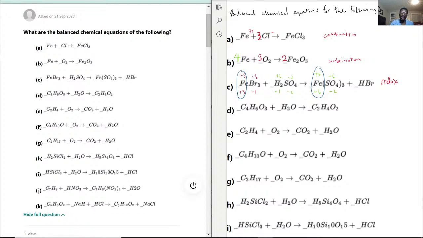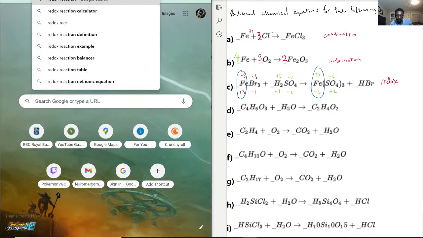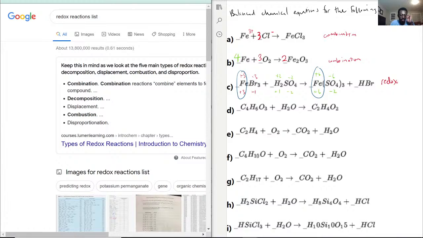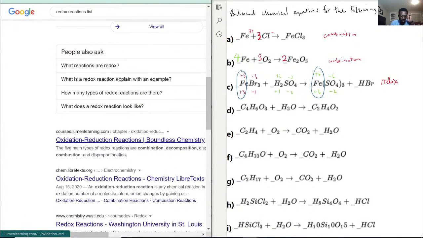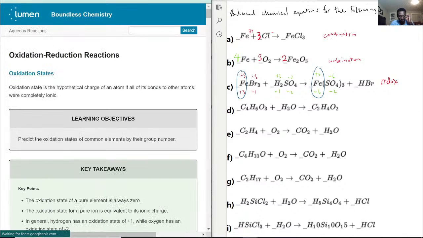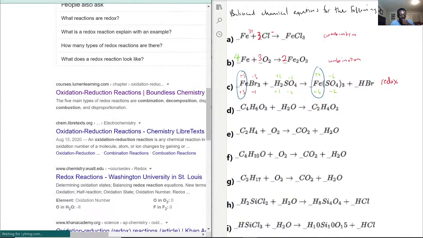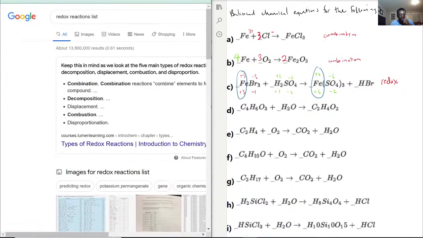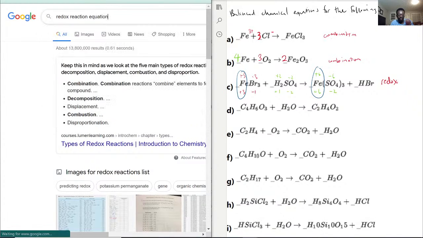And does that even happen in redox? Let me see. Redox reaction of this. Does iron ever go from plus 3 to plus 6? Let's see. Oh no, I just want the list. Redox reaction equations.